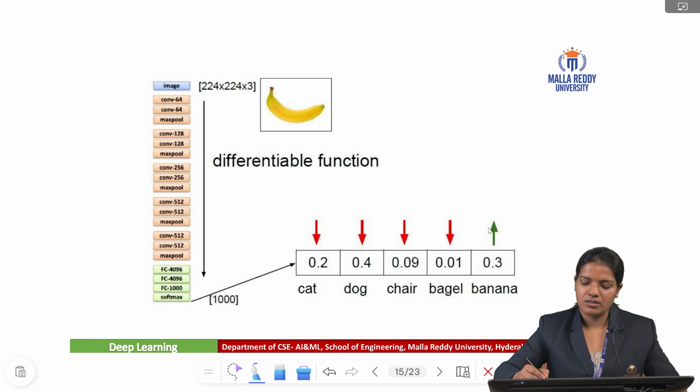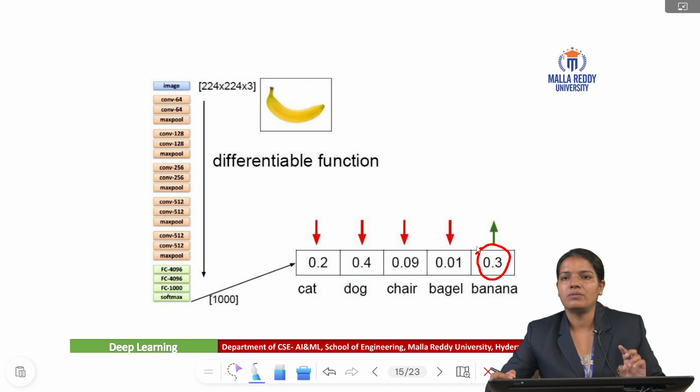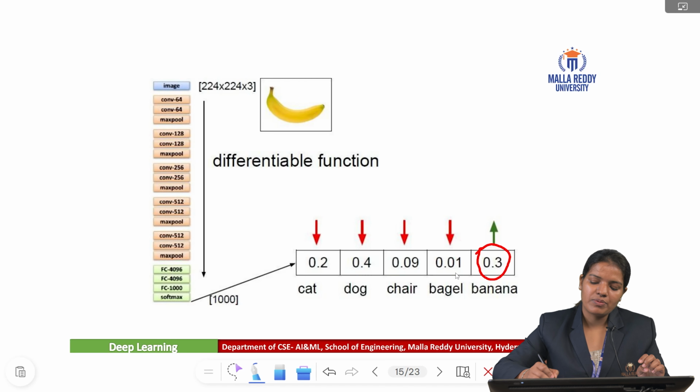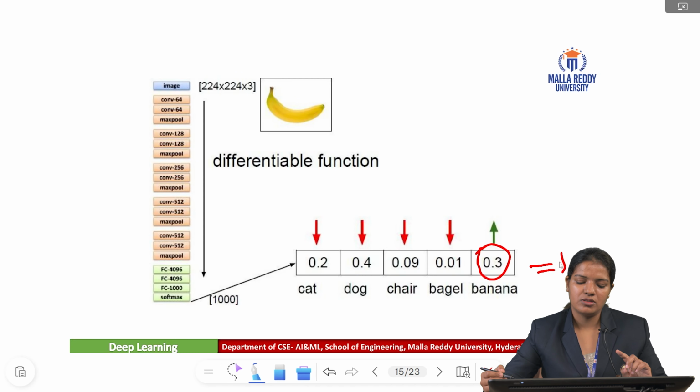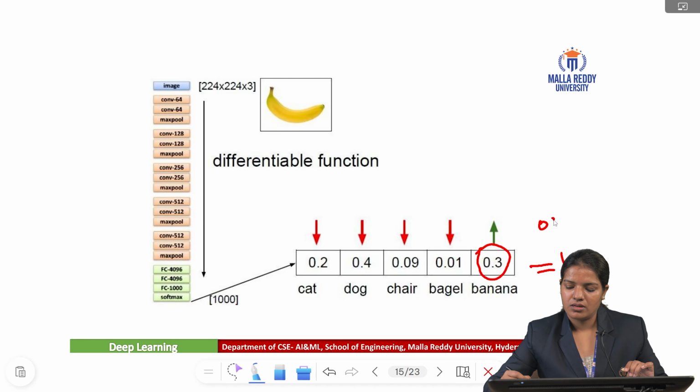the output in the form of a probability distribution. The total probability is 1 here. You can sum it up: 0.2, 0.4 plus 0.9, 0.01 and 0.3, it is equal to 1.